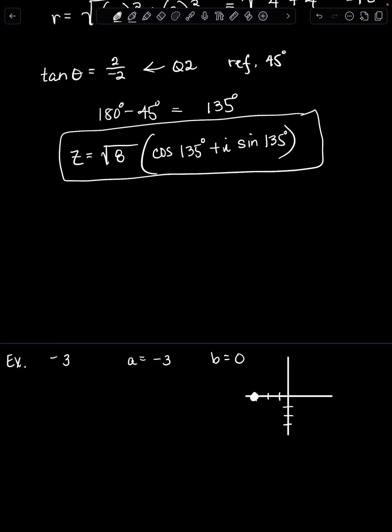So I don't even think we need to use a formula to find an angle. Hopefully you don't. What is r? We don't need to use it to find r or theta, because the distance from the origin is 3. My angle over here is 180. I will confirm it though. If I were looking for r and you weren't graphing it and you were just going through the motions, you would say r equals the square root of a squared plus b squared, which is 3.